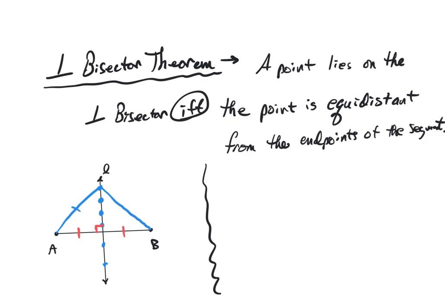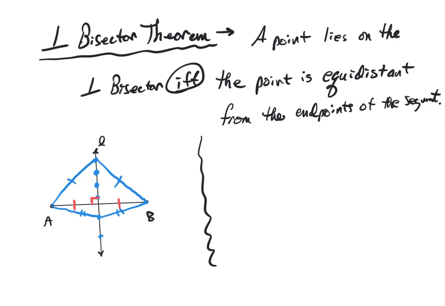So these distances would be the same, or these distances would be the same. So if we have a perpendicular bisector, then that point is going to be equidistant from the endpoints of the segment.